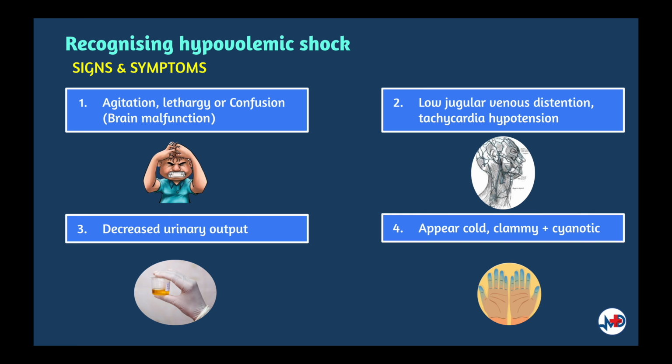We understand that at a state of circulatory collapse, some organs pay the price earlier than the rest. This is because the body conserves blood flow towards vital organs like the heart, lungs, and the brain.